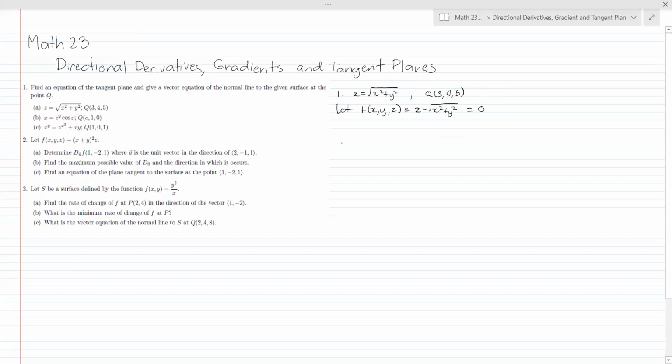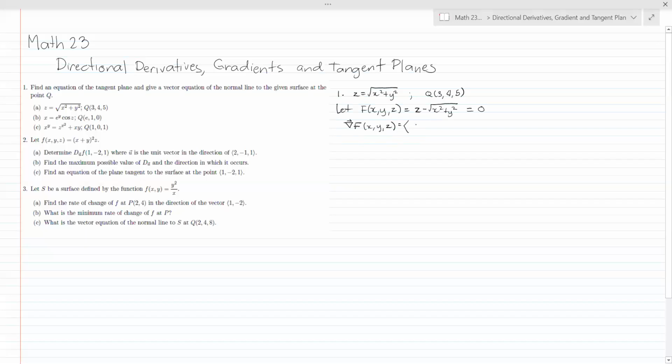Ayan, di ba? So if you have this form, we can get the gradient of F. Okay. So partial x.